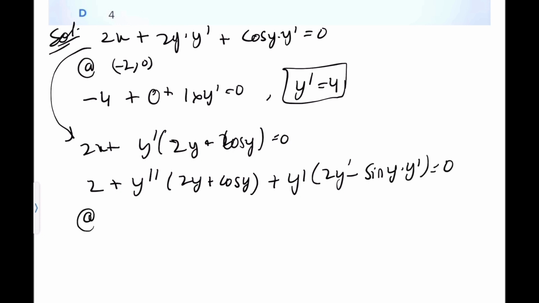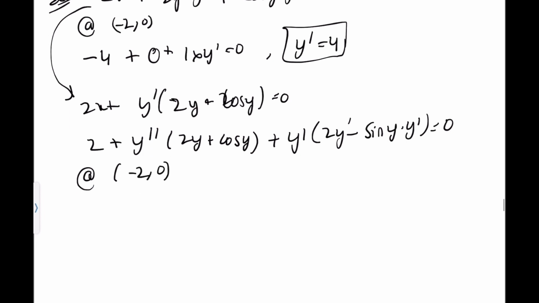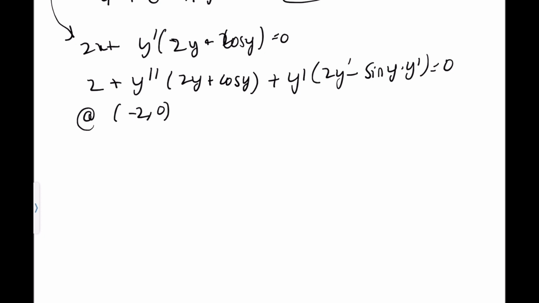Now we put in the point at which we need to find the final answer, (-2, 0). When we put these values, we get 2 plus y double dash at 0 plus 1 plus 4 plus 8 minus 0 equals 0.